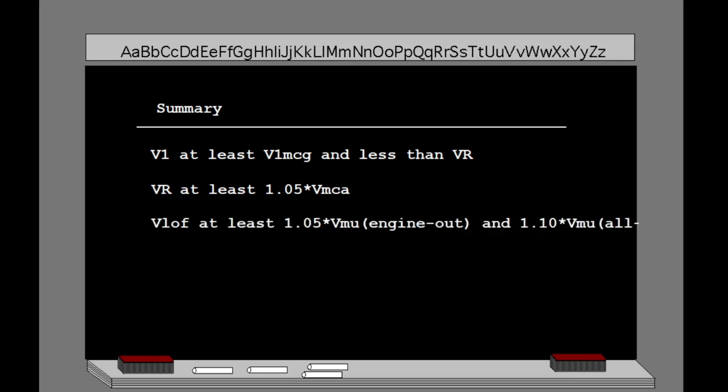VR must also result in a liftoff speed that is at least 5% greater than the engine-out minimum unstick speed and 10% greater than the all-engine minimum unstick speed. And finally, the minimum takeoff safety speed, V2, must be at least 13% greater than the 1G stall speed and 10% greater than the minimum control speed in the air.